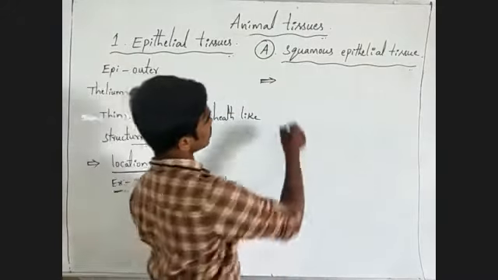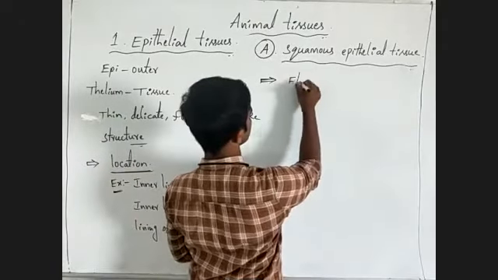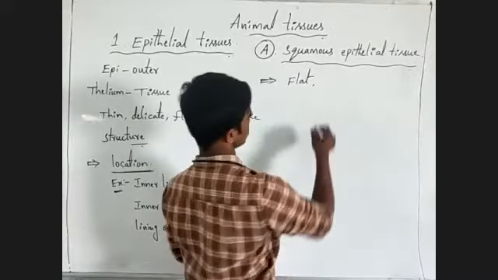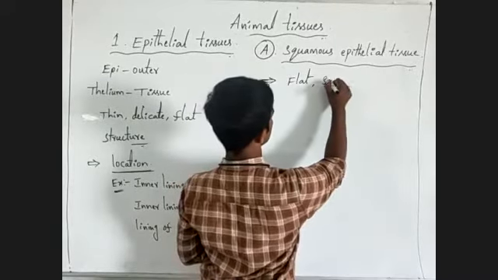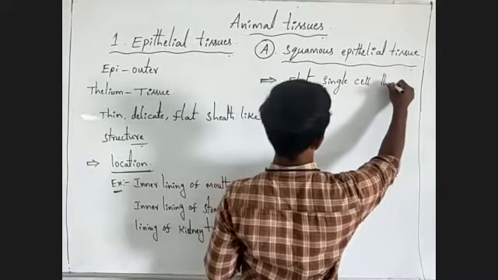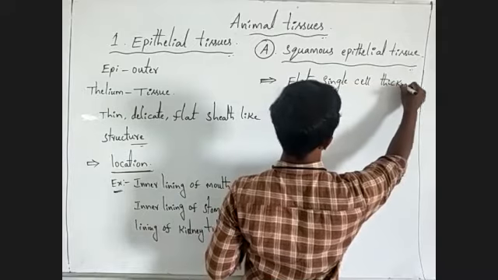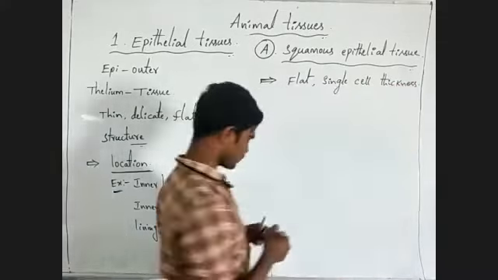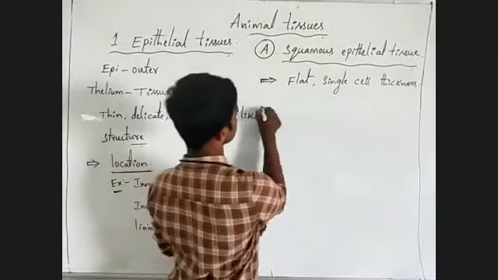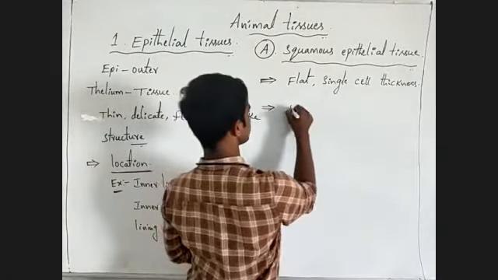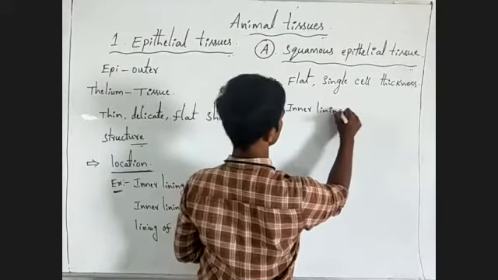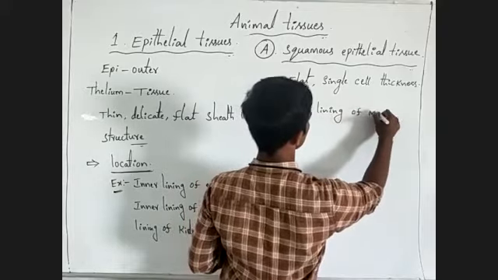What are the characteristic features? This is a flat one, with a single cell thickness. Maximum it has single cell thickness. Okay, next, it forms the inner lining of the mouth.